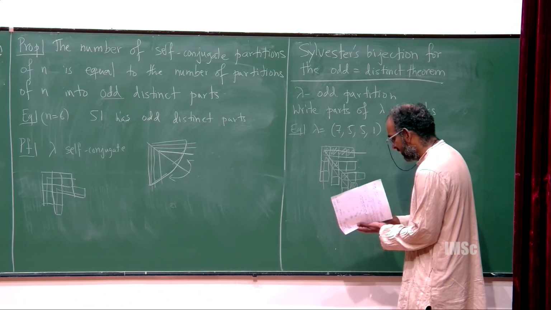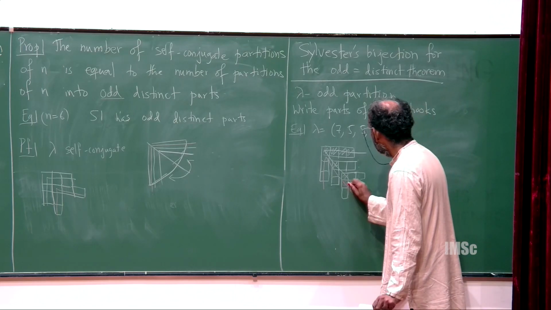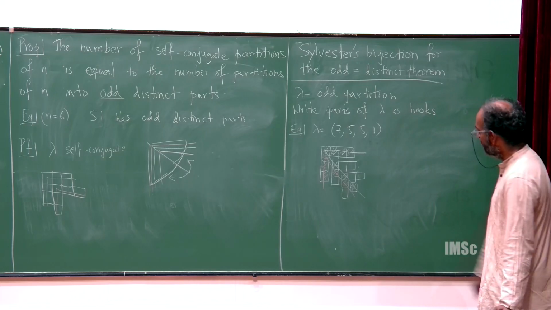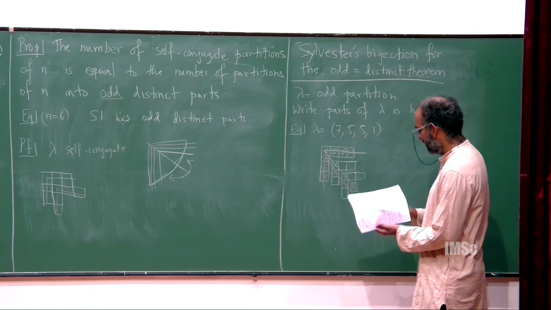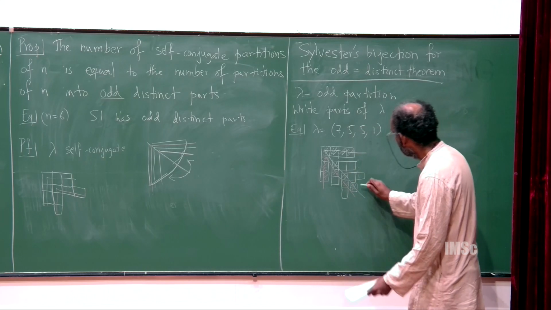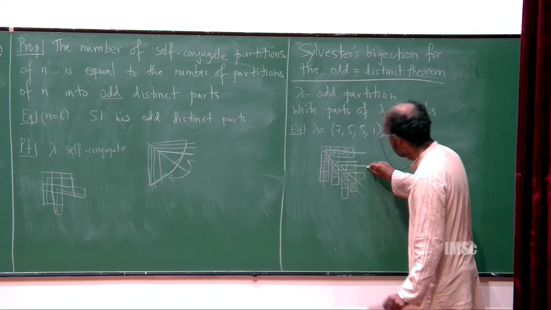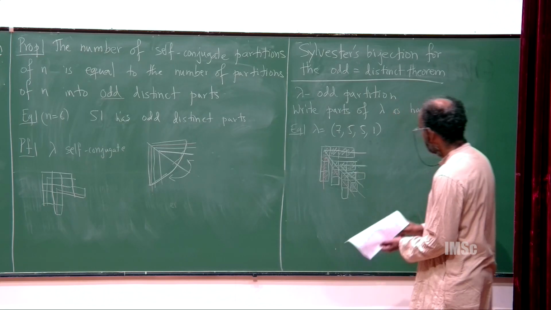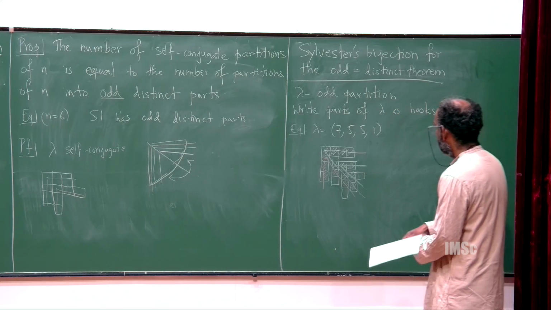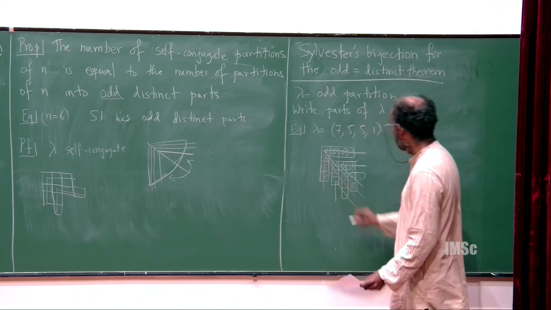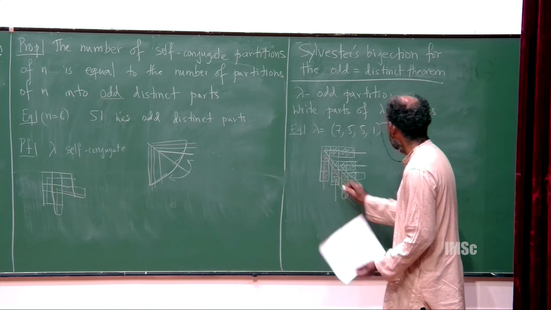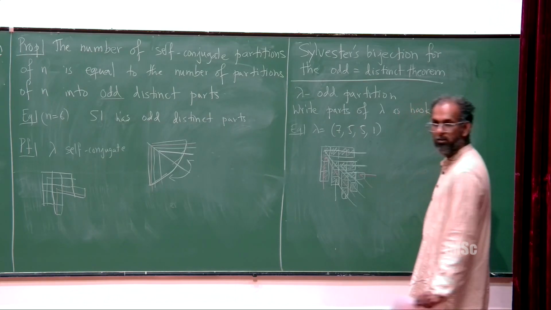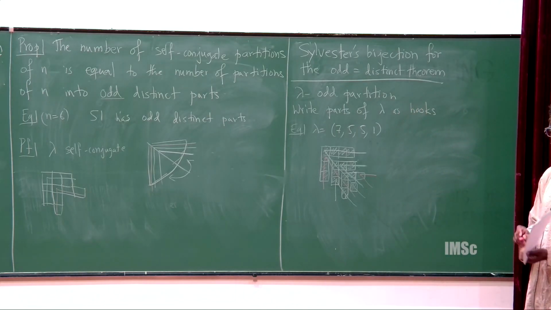So this has taken care of this box. Now the first hook is completely taken care of. Now we go to the second hook. So we go like so and here. That's taken care of this and this. And now you go like so and there. So that's taken care of these two. And lastly, you go like that. It's quite complicated.